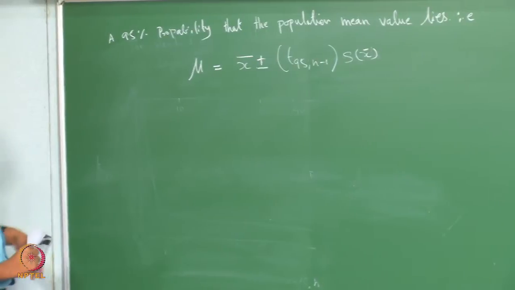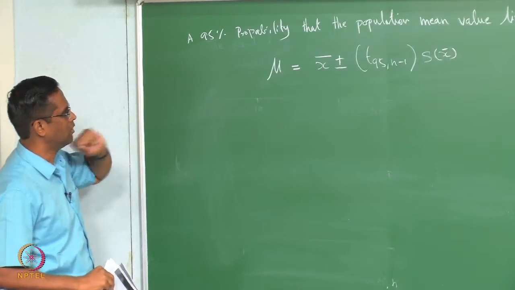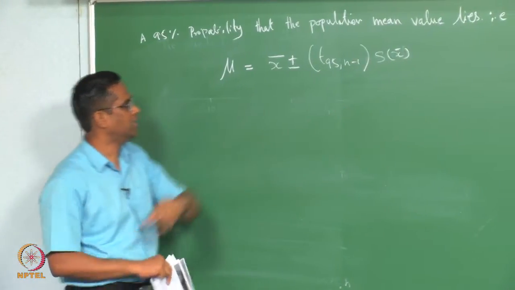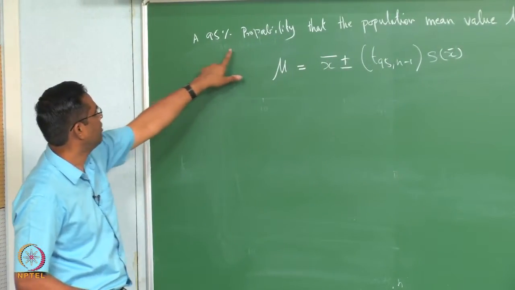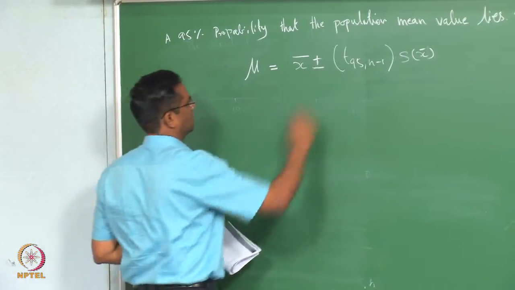This is the formula which we have seen in the last class, just to recollect, because we have now tabulated the t for different degrees of freedom, where you have the 95% probability that the population mean value lies between this range.